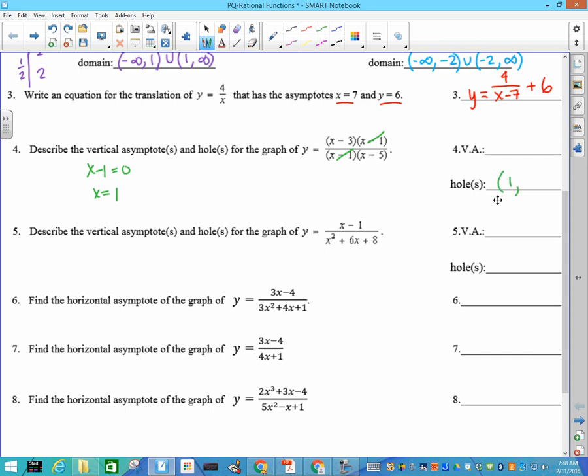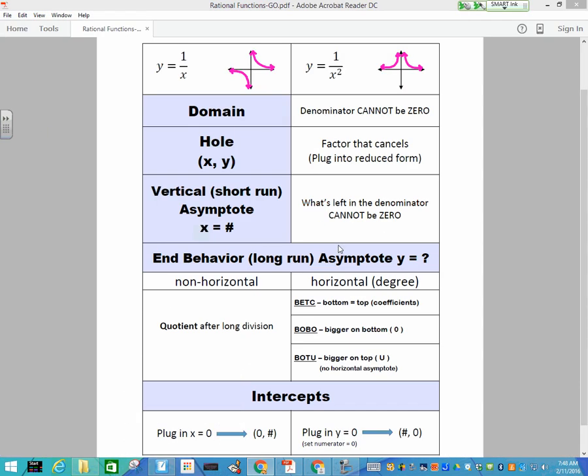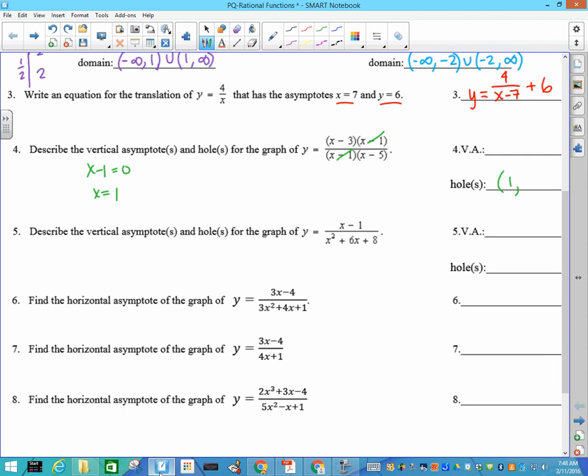Now how do I find the other part of that hole? What does it say? It says plug into reduced form. So I'm going to go back, and what I have left here is x minus 3 over x minus 5. That's your reduced form.